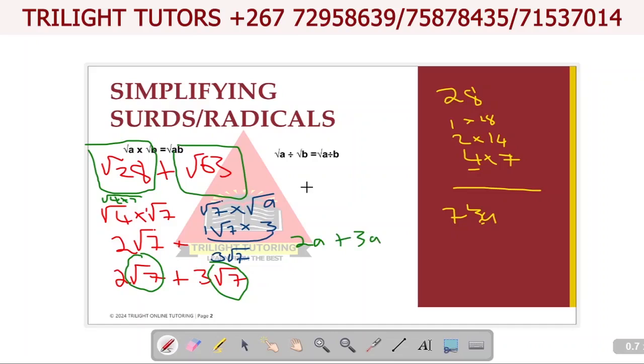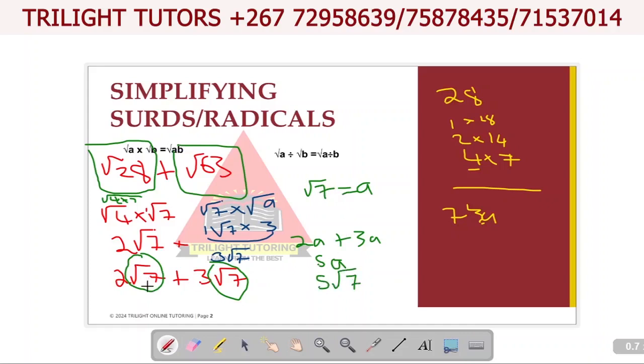So let's assume that root 7 equals a. When we are in algebra, we are asked to add these two together. Well, what we are going to say is 2 plus 3, and then we say 5, and then we keep a. So when we replace a, we are going to have 5 and then root 7.